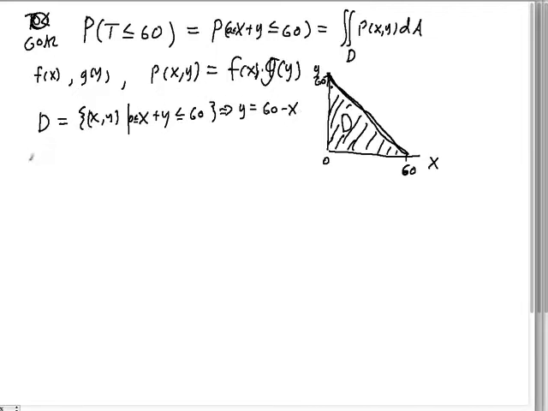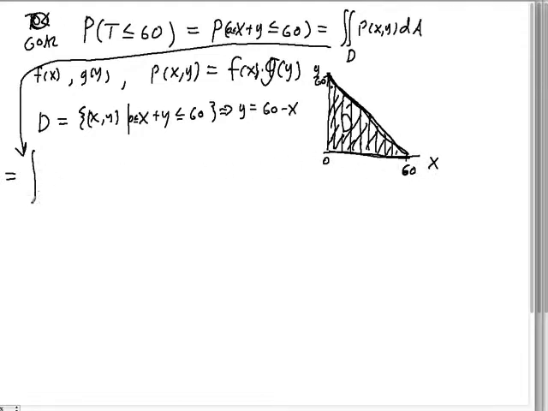So let's operationalize our integral. We're going to integrate over x. So what we want to do is integrate y first, between these lines, and at the end of the day we're going to integrate left and right.